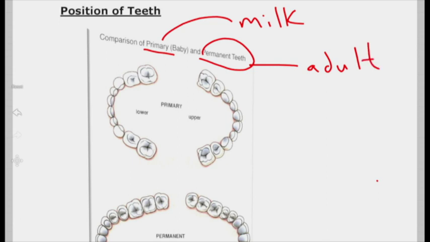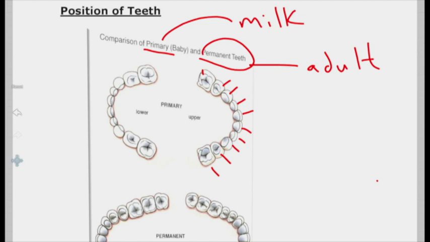The milk set, upper jaw and lower jaw. 1, 2, 3, 4, 5, 6, 7, 8, 9, 10. It may not be 10. That depends on the age of the person you are studying here. So we're not saying that babies should have 10 teeth on the lower jaw, 10 on the upper jaw. It depends on the age as well.